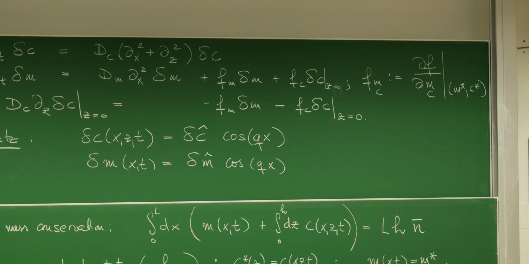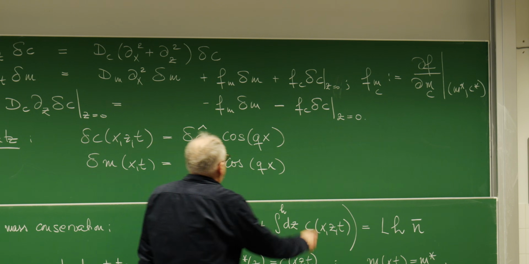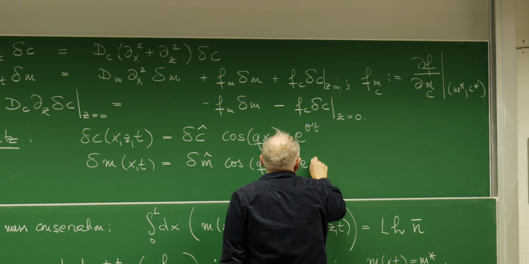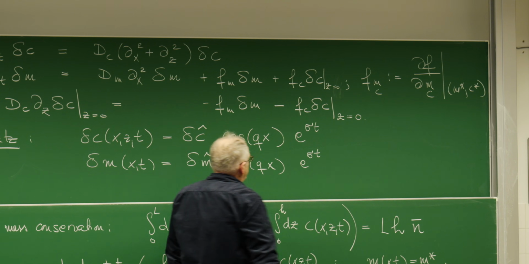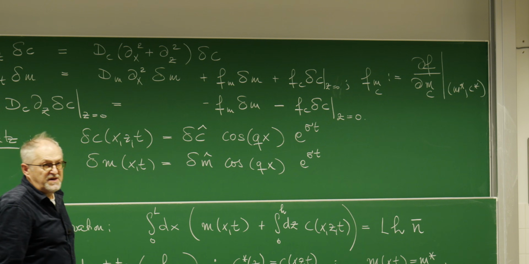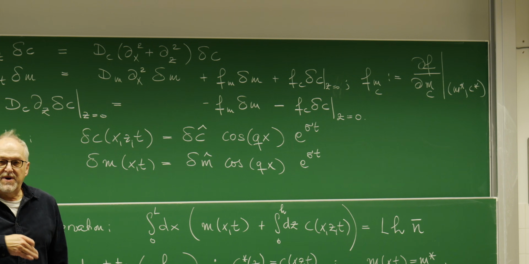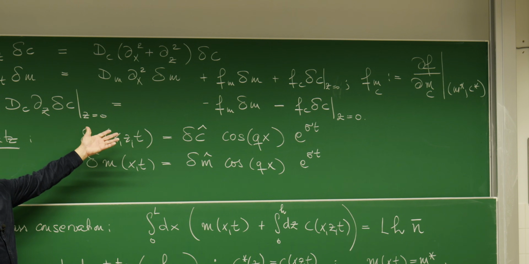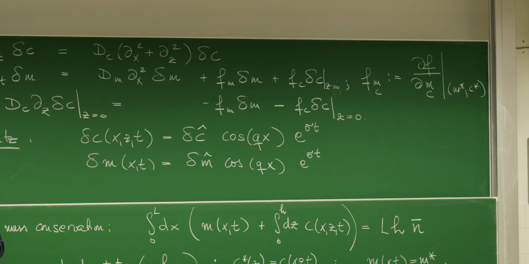Then I also want the time dependence, and there you go about as we had it. We make an ansatz of an exponential function. So we have a growth term, growth factor, e to the sigma t. And we do have this for both m and c. And now I'm done with m, but I'm not done with c. This here can, in general, also have a profile. We found that the steady-state solution doesn't have a profile.